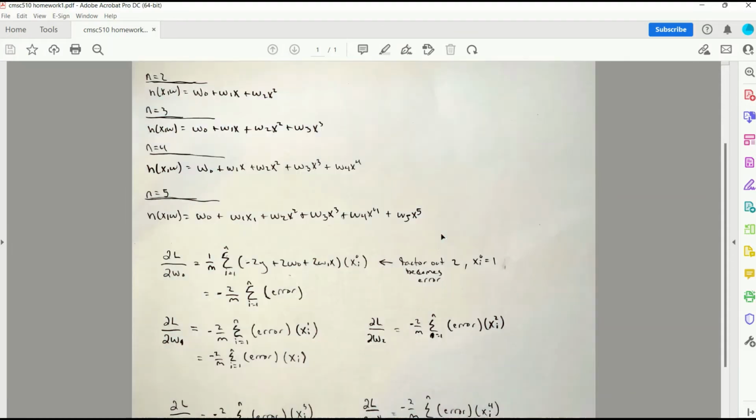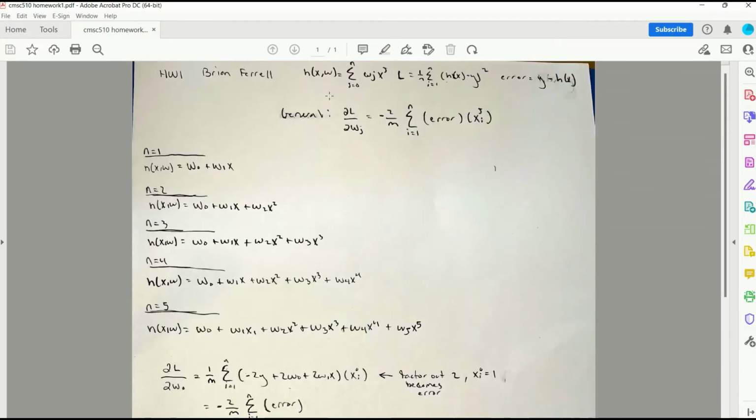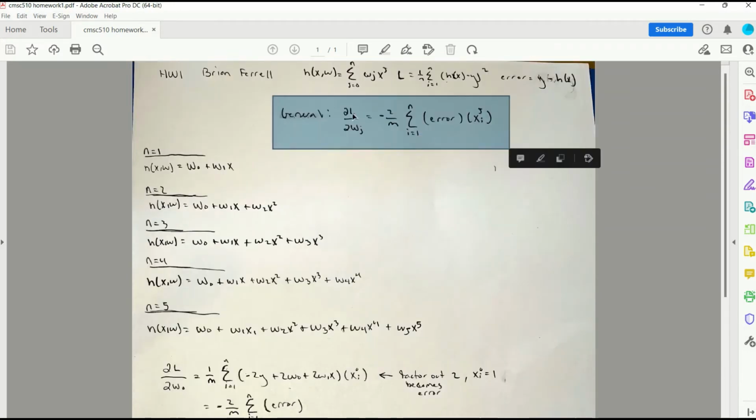And in general, this flows kind of like this, where the partial derivative of our loss with respect to any weight for mean squared error is going to be minus 2m, and really m or whatever, times the summation of our error times x_i to the power of j, right?